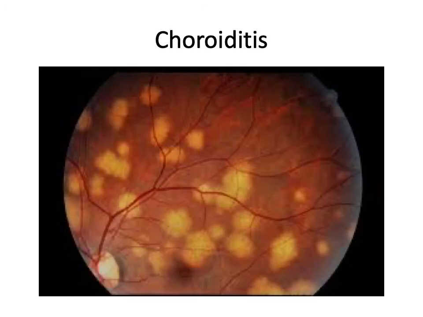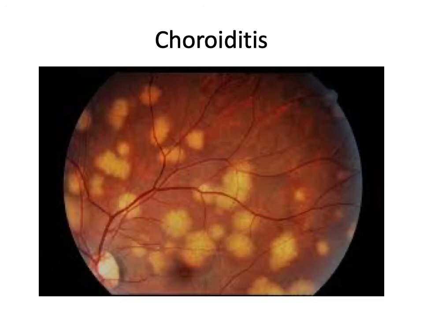So vitritis and the presence of vitreous haze and the presence of vitreous cells indicating posterior uveitis. But the posterior uveitis, as we said, may be only choroiditis.